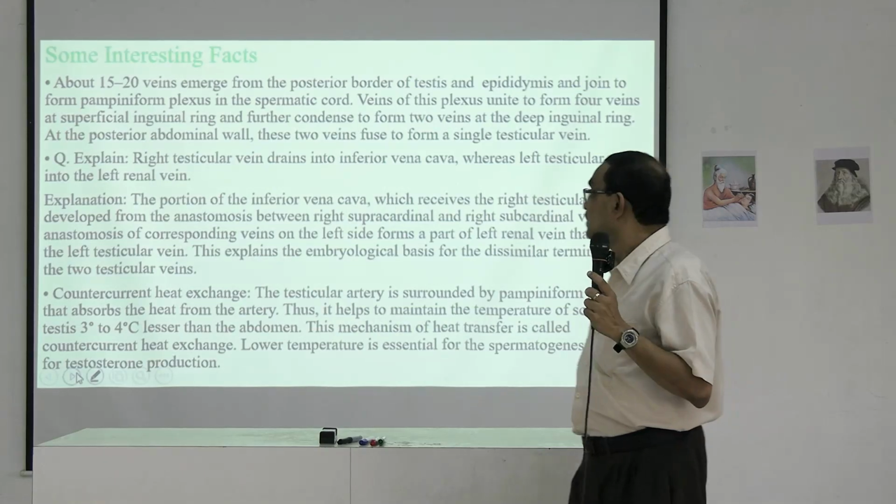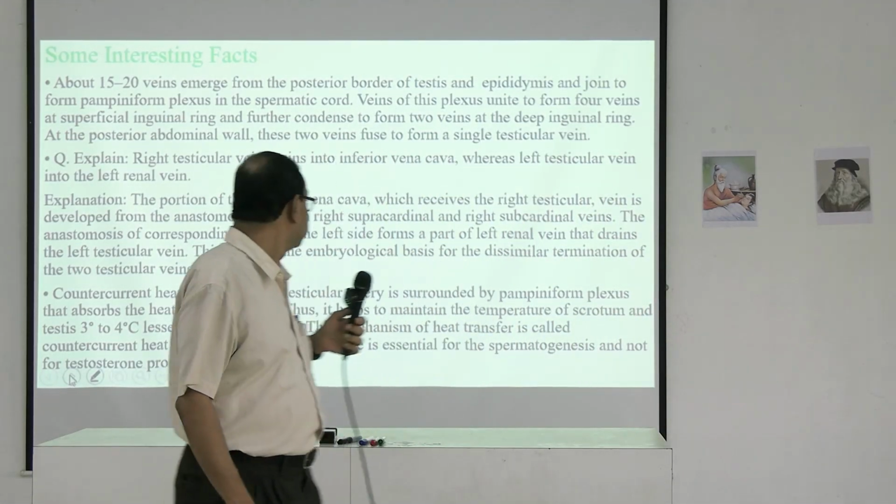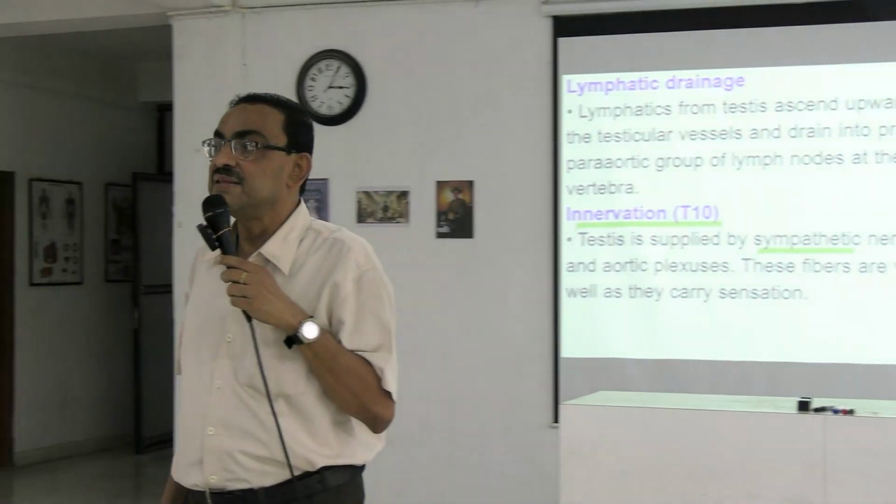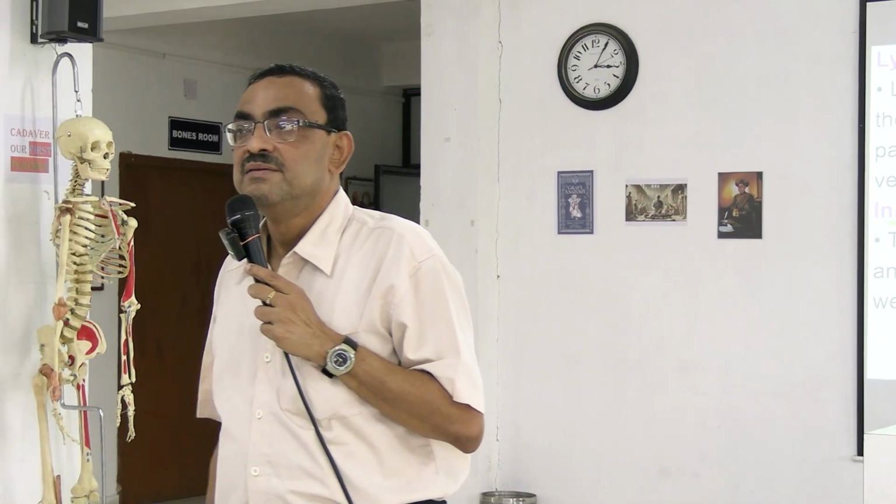Nerves. The nerves are coming. Innervation from the sympathetic, coming from the T10 or T11 level of the spinal cord. The sympathetic nerves pass as the lesser splanchnic nerve, then the celiac ganglia within the abdomen, then the aortico-renal ganglia, that means along the aorta and the renal artery.